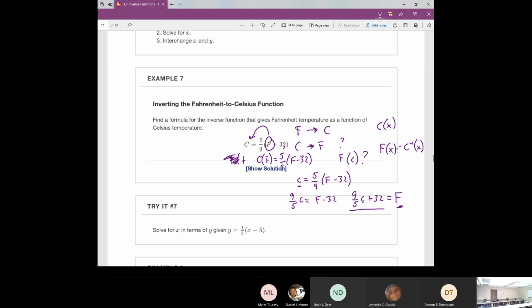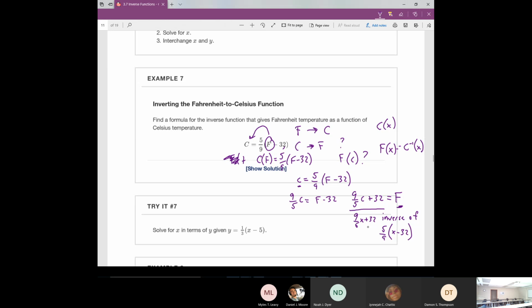This would be, if I put x in there instead of C, 9/5 x plus 32 is the inverse of 5/9 quantity x minus 32.